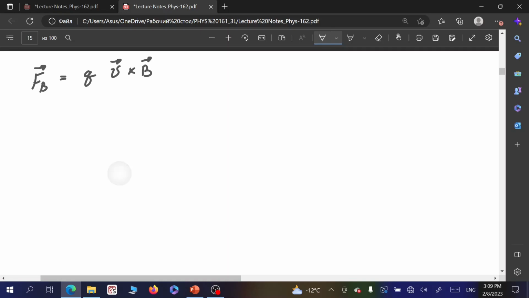So in that case, we can write that F_B, the magnetic force exerted on a single electron running in a conductor, will be Q times V_d, which is the drift velocity vector, cross product magnetic field vector.